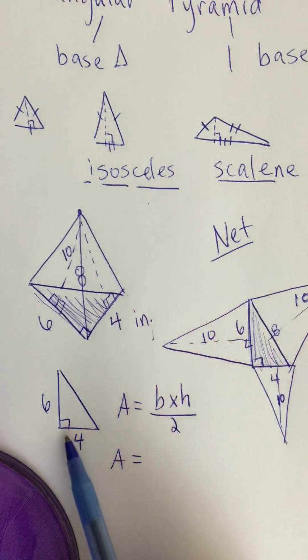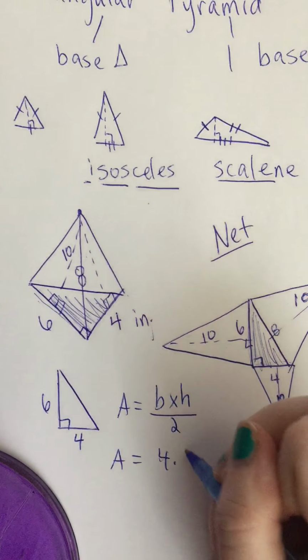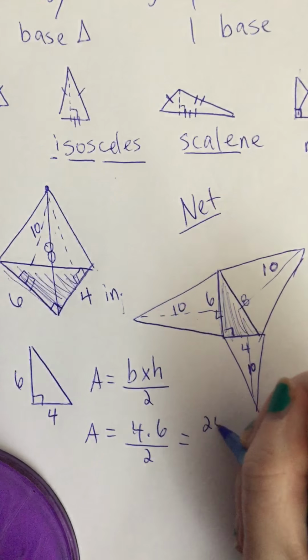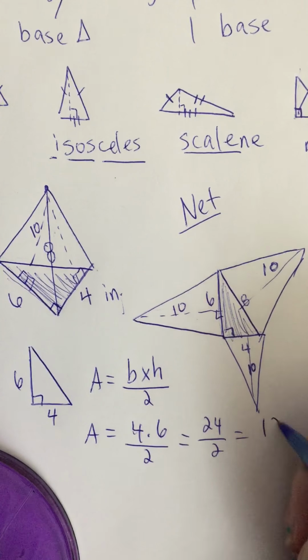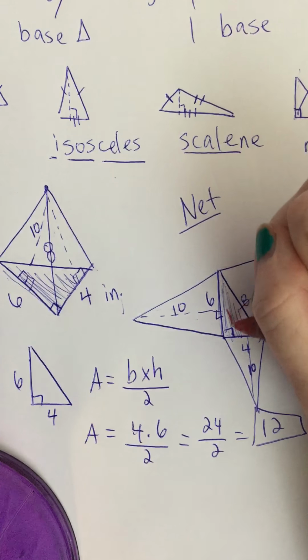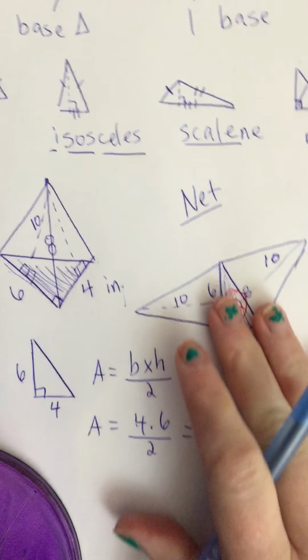So area equals the base, which is 4, times the height, which is 6, and we're going to cut it in half. 4 times 6 is 24, divide by 2, and we get 12. I'm going to put a box around that so I can remember it. And I'm going to label the area in here with a different color. This area was a 12, and I'm going to circle it so I can see it later.